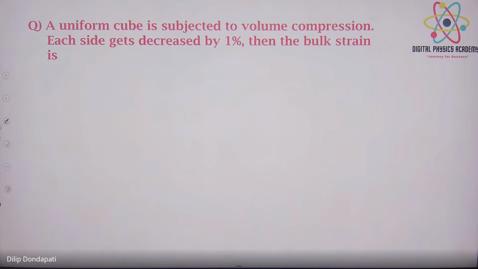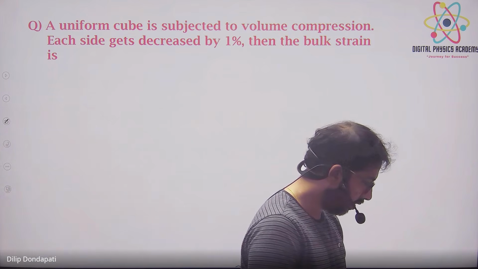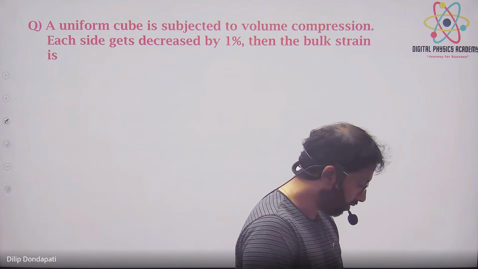Okay, do this. A uniform cube is subjected to volume compression. Each side is decreased by 1%. The bulk strain is how much?